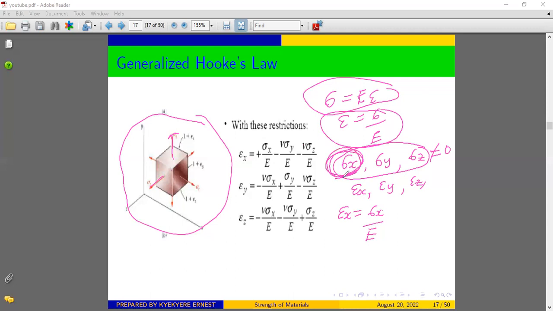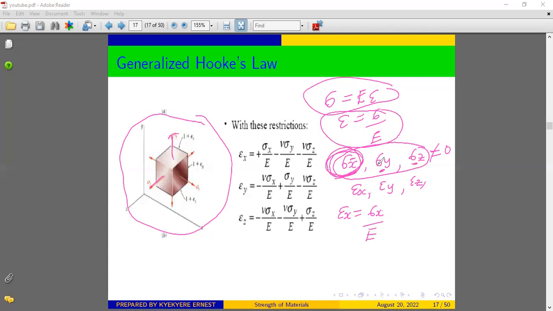But we have already indicated that even if there was no stress in the x-axis, because of the stresses in the y and the stresses in the z, there would be some deformations in the x-axis.